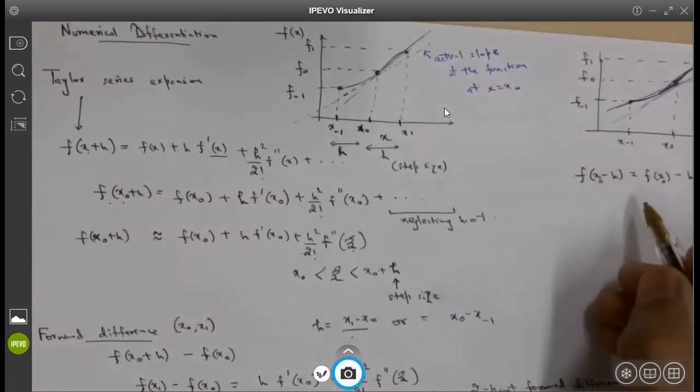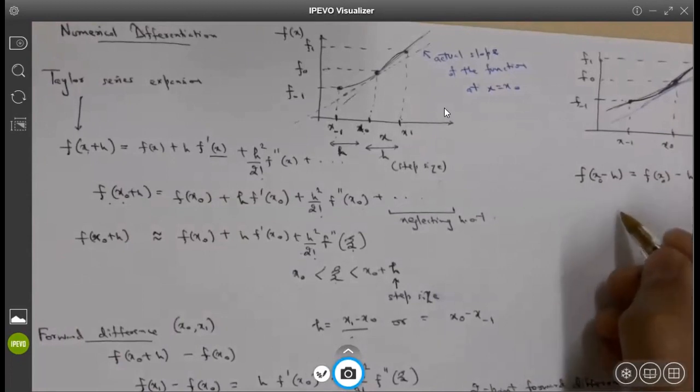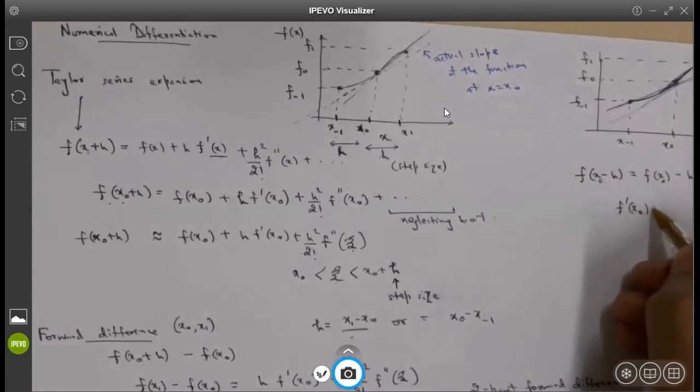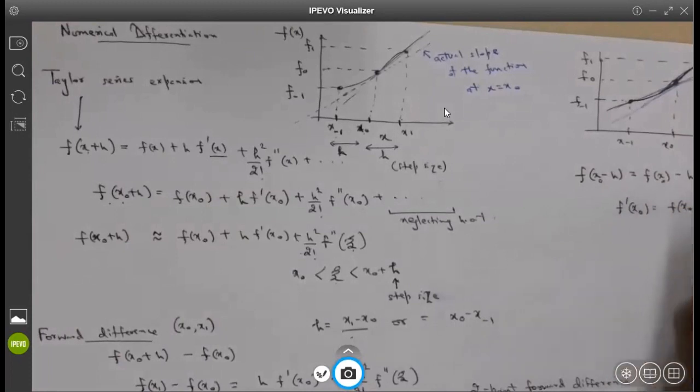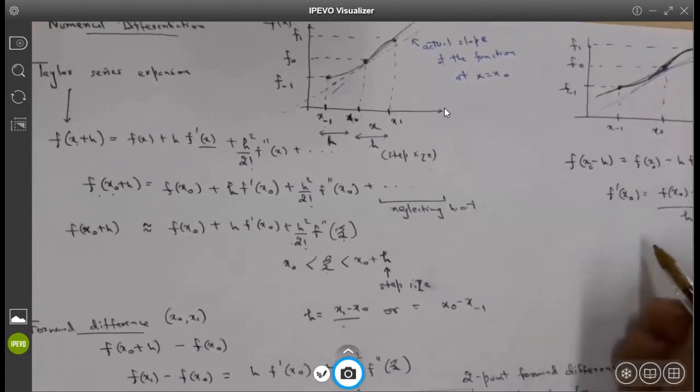Now, if I solve this, what I get is f prime of x naught equals f of x naught minus f of x naught minus h, which is f negative 1, divided by h, plus h over 2 factorial f double prime zeta. Again, zeta is not known to me.